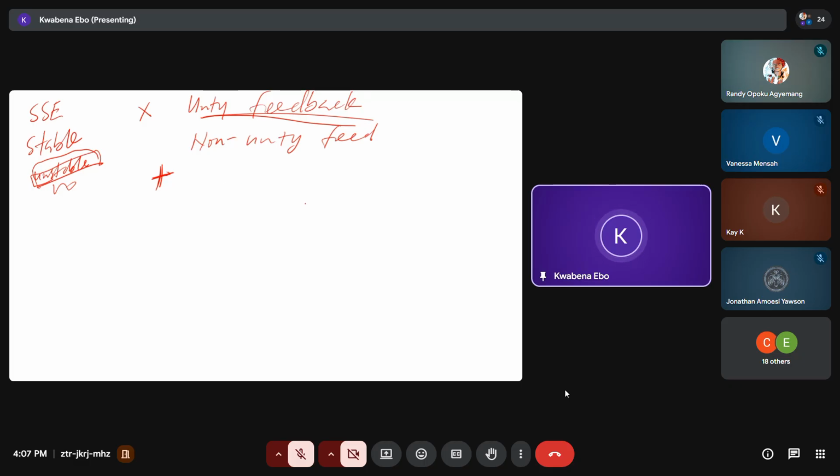For a positive feedback system, what if it's actually positive instead of negative? Then you can just put a negative one and that changes everything. Okay, to go back to the non-unity, let's just focus on the non-unity for now.